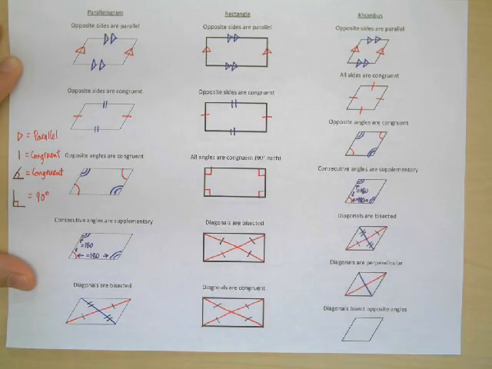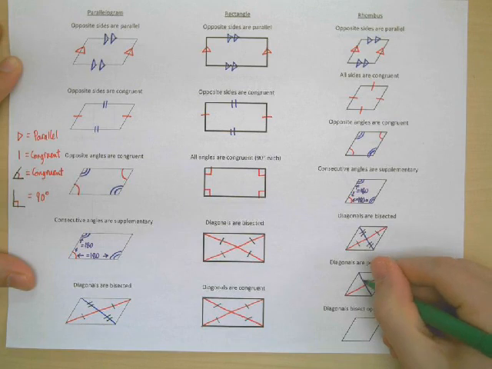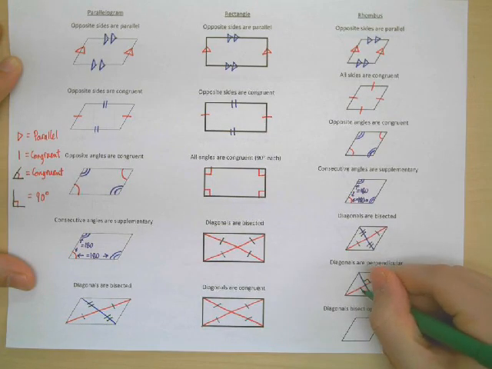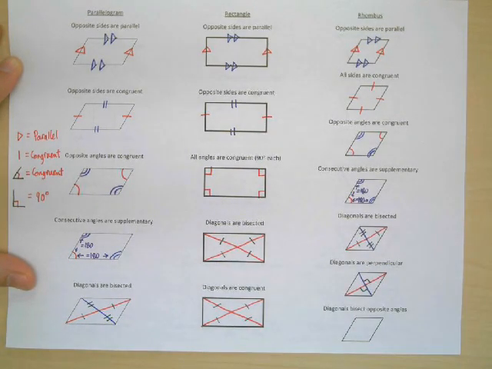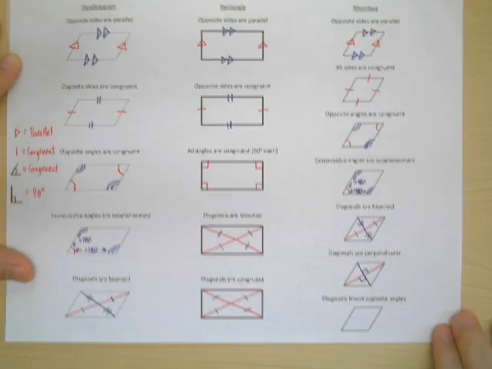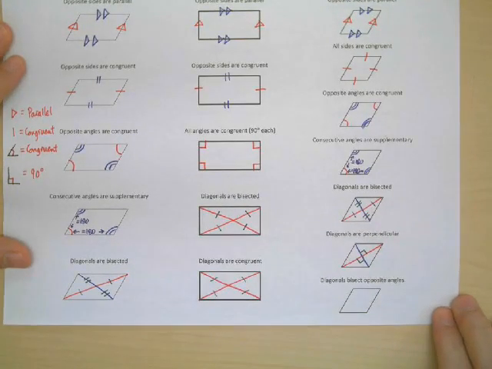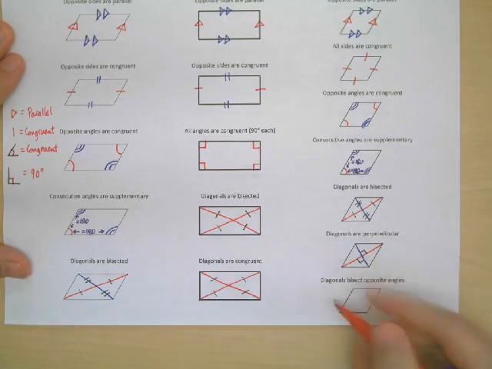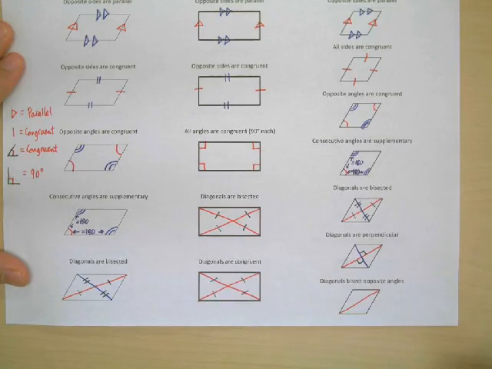So I need to use the box to indicate 90 degrees. And then last for the rhombus, the diagonals bisect opposite angles. So here is the way this is going to look. Got the diagonals.